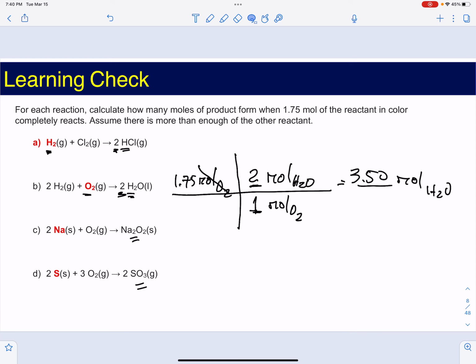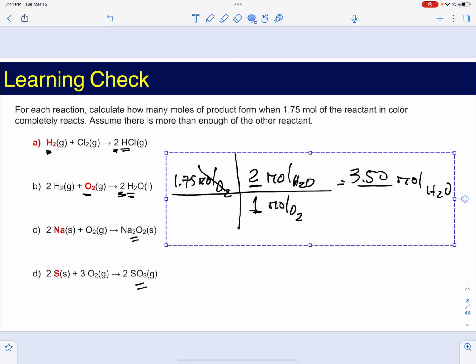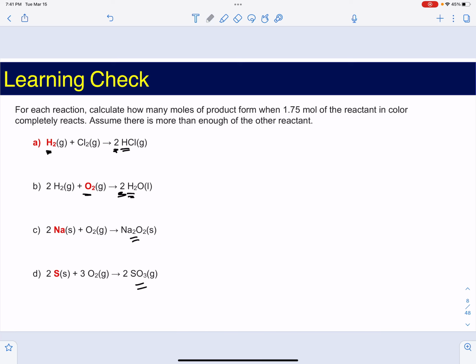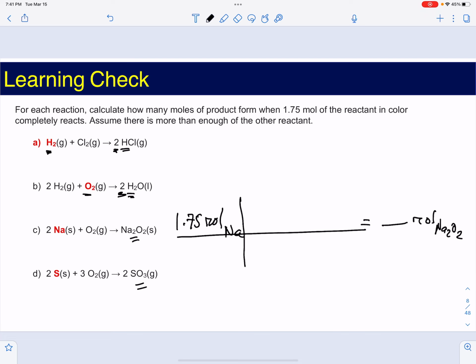So for the next one, once more, given 1.75 moles of the one in color, sodium, can you find how many moles of the product you can make? In this case it is Na2O2, train track. We don't want the moles of Na because we're looking for the moles of Na2O2.